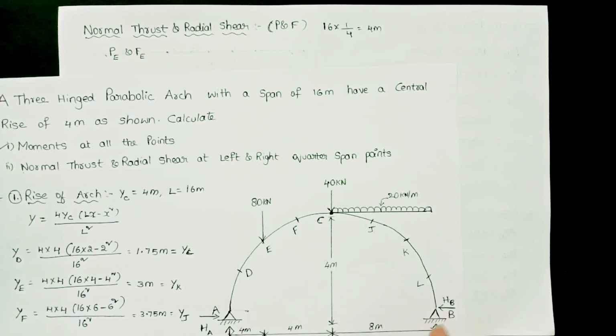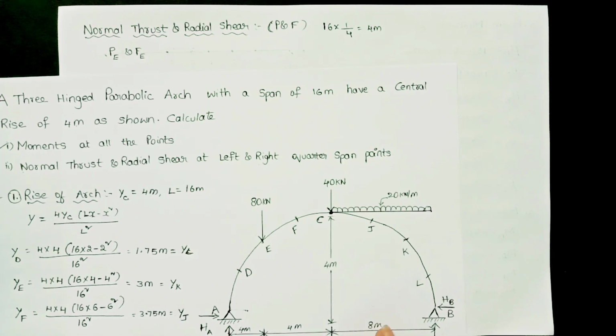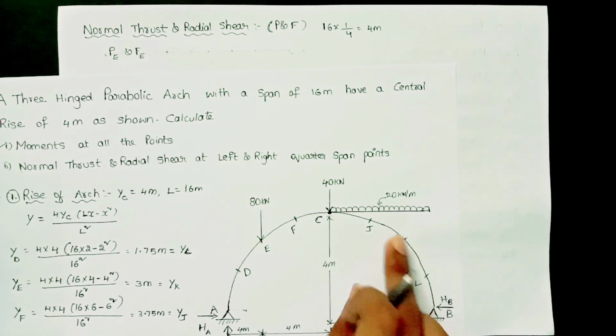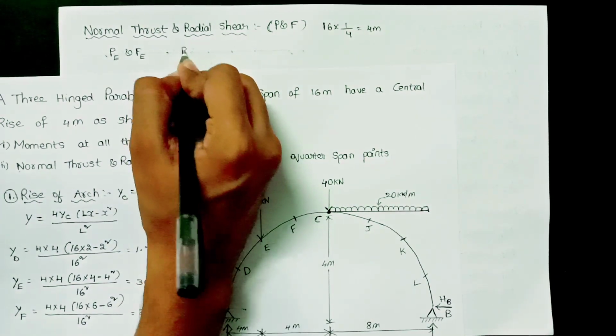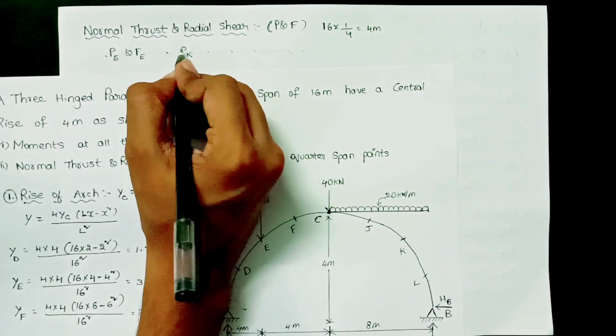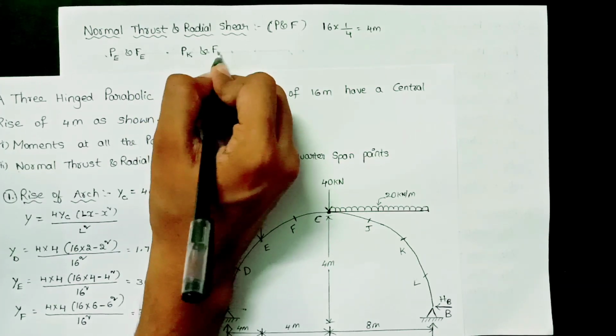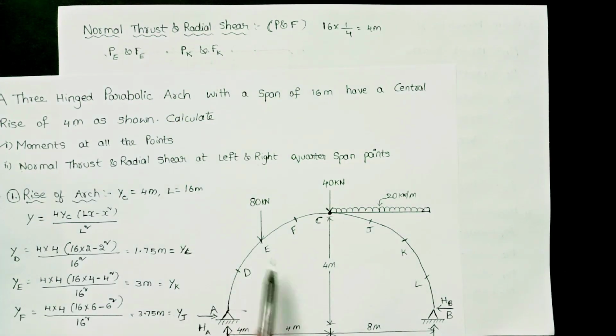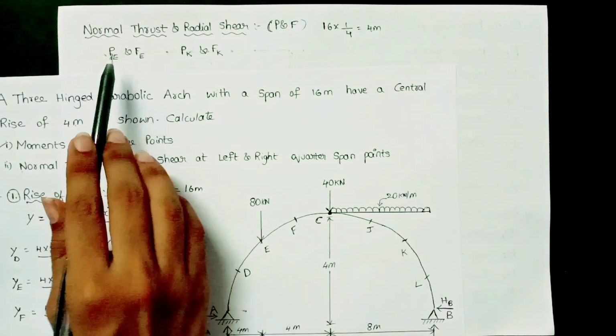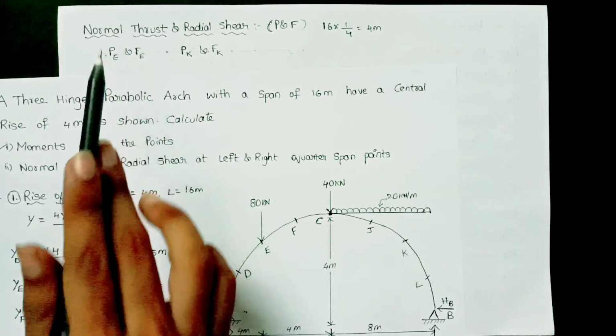So from right, 4 meters. If I move backward 4 meters, the point is K. So I should calculate the normal thrust at K and radial shear also at K. So at E and K, I should calculate the normal thrust and radial shear.